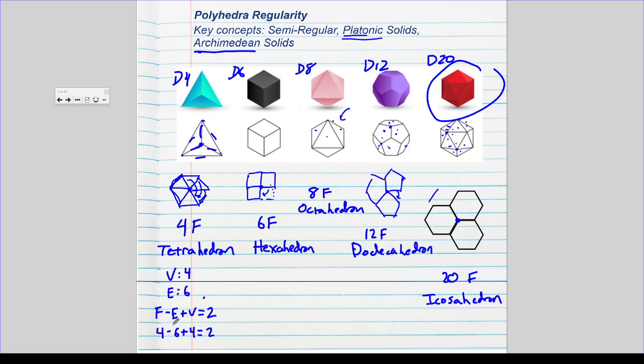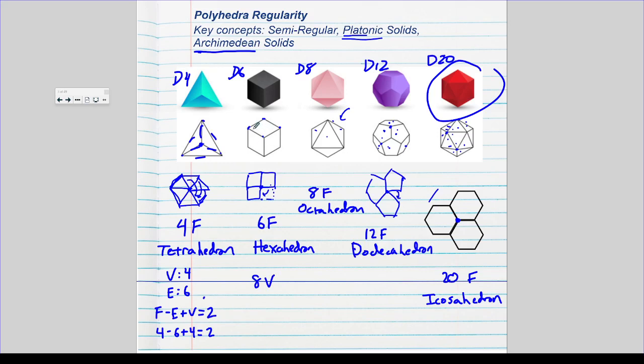So if we were missing one of these quantities, we could solve for it based on knowing the other 2. So if I told you I have a polyhedron with 20 vertices and 18 faces, then you would be able to calculate that, although I think that's impossible, the one I just made up. Let's look at the cube. On the cube, or the hexahedron, we have 6 faces. We have 1, 2, 3, 4 vertices at the top and 4 at the bottom. So we have 8 vertices.